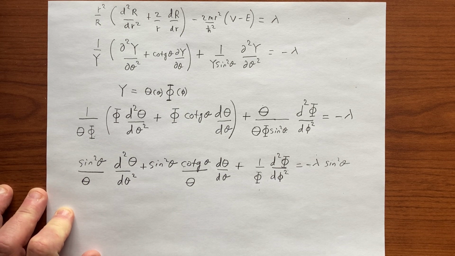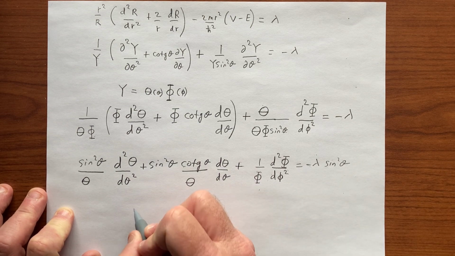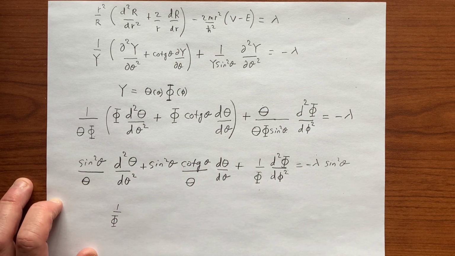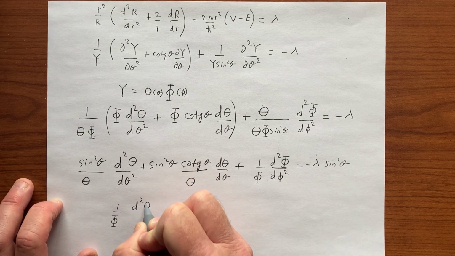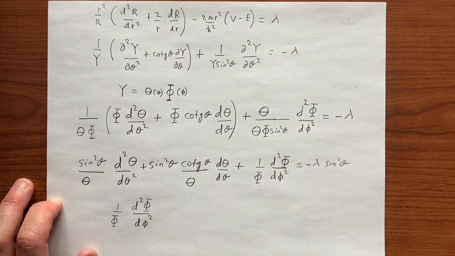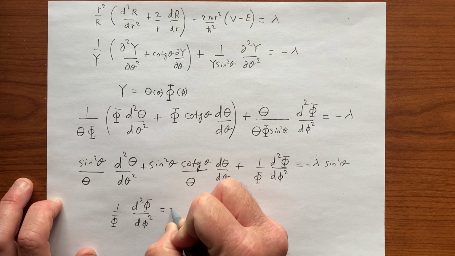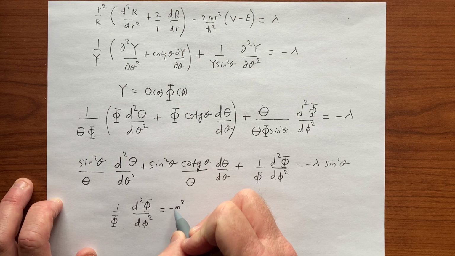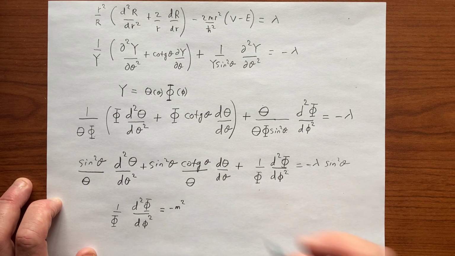So that means that we have something like 1 over this function capital Phi, second derivative of this in phi, is equal to some quantity. Doesn't really matter, we can make it a little bit trickier for ourselves, but we can make it a quantity that's positive and put a minus sign there, and then we'll end up at the same place even if we don't do that kind of thing.